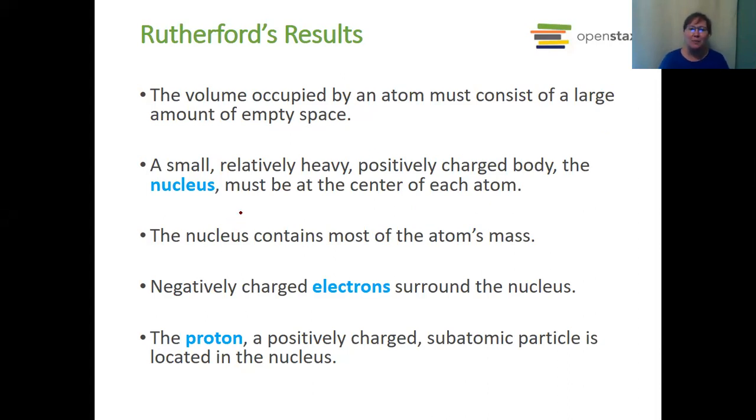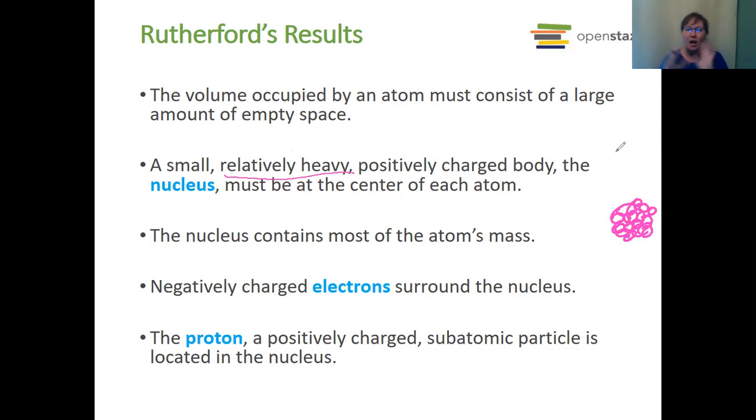What he found was that most of the atom's mass, the relatively heavy part, is in this nucleus. So here we have the nucleus, and we have all these particles stuffed together in it.